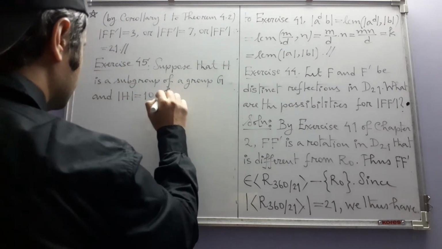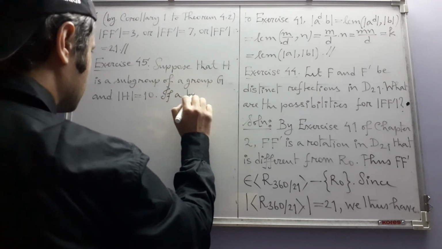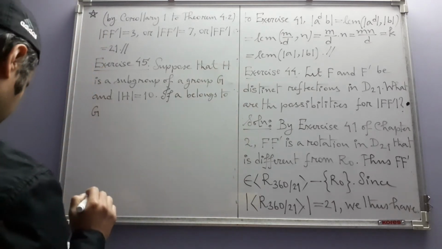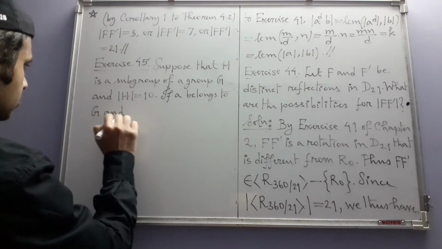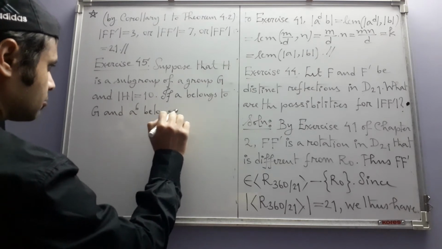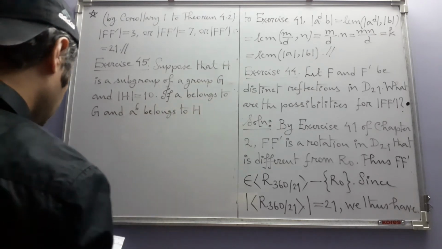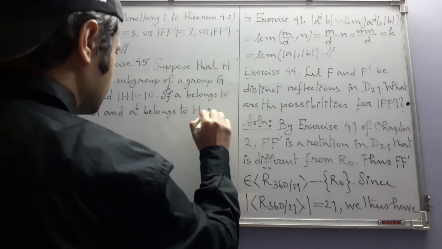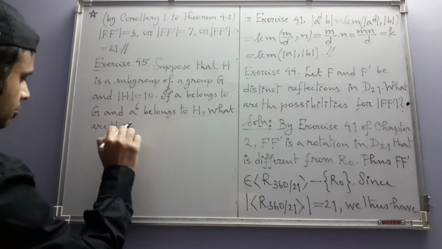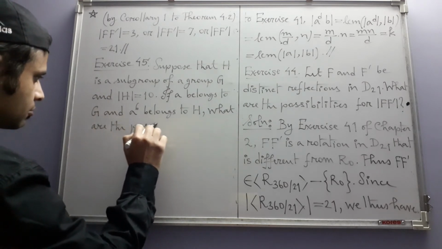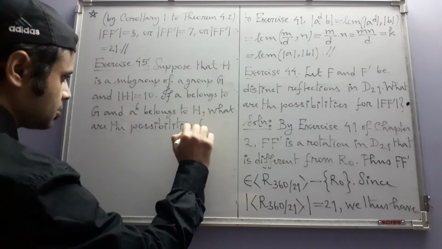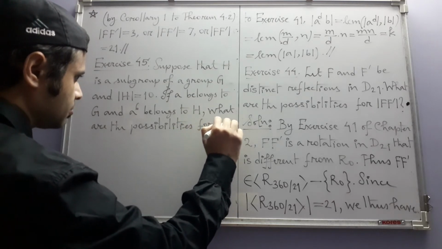If A belongs to G, and the 6th power of A belongs to H, what are the possibilities for the order of A?